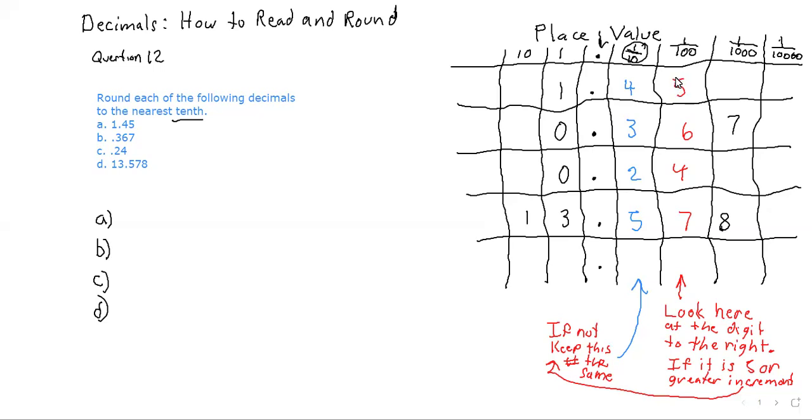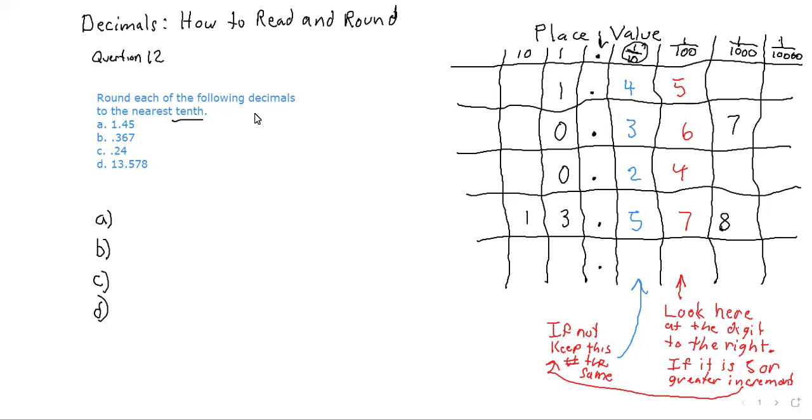We're going to use these red numbers as a test. This red number is going to tell us whether we have to increase or leave the blue numbers the same. And here's the rule. If the red number, the number directly to the right of it, is 5 or higher, then we need to increment the blue number. If it's less than 5, then the blue number stays as is.